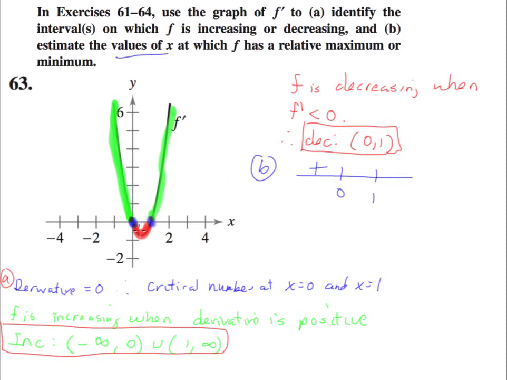And we know that we have a relative maximum if we switch from increasing to decreasing, and we have a relative minimum when we switch from decreasing to increasing. So therefore, I can draw the conclusion for part B that I have a relative maximum at x equals 0, and I have a relative minimum at x equals 1.